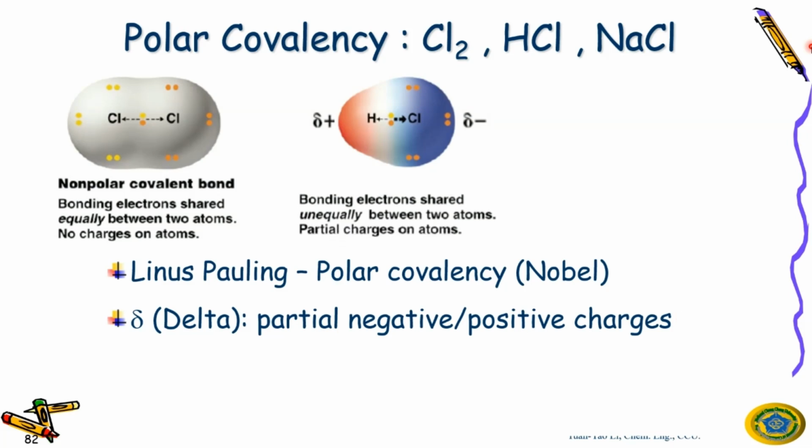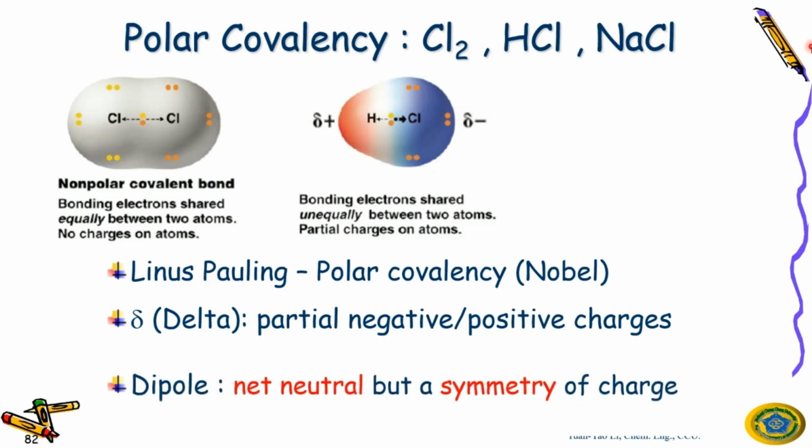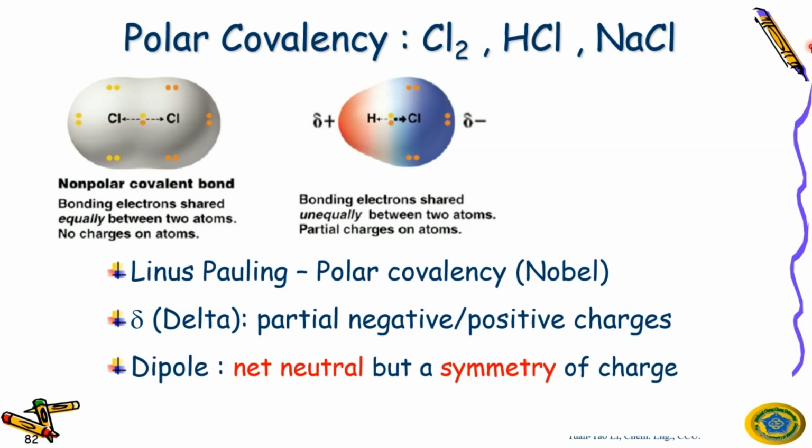So the bonding electrons are shared unequally between two atoms, so the atoms are partially charged. And this is what we call a dipole. If we take a look at this molecule, it's purely neutral, but has a symmetry of charge.